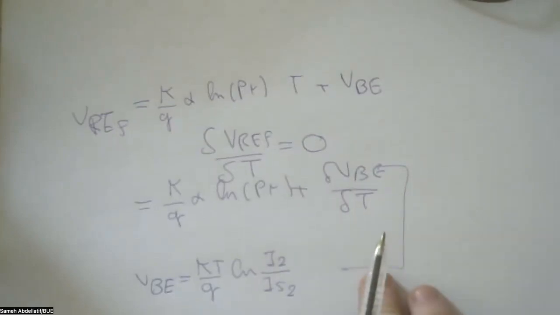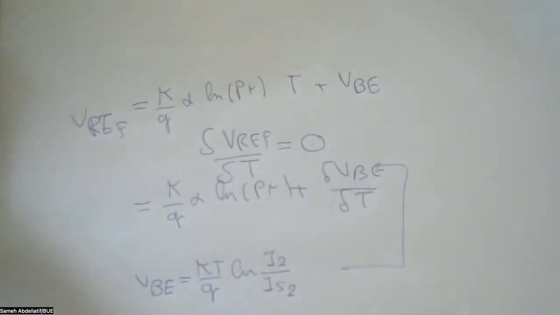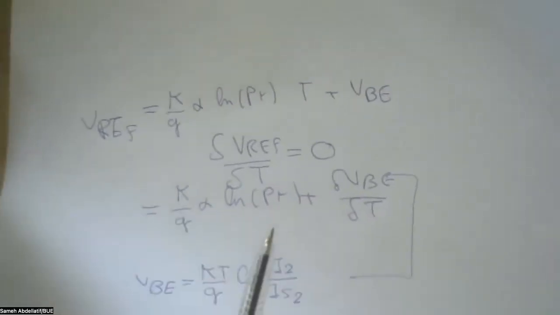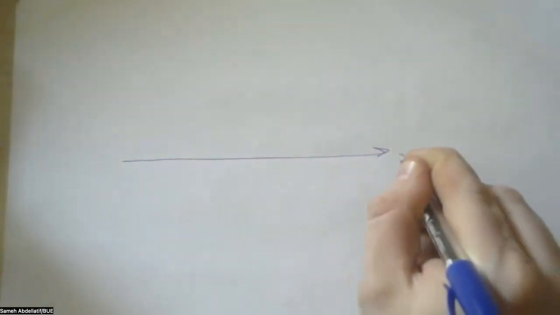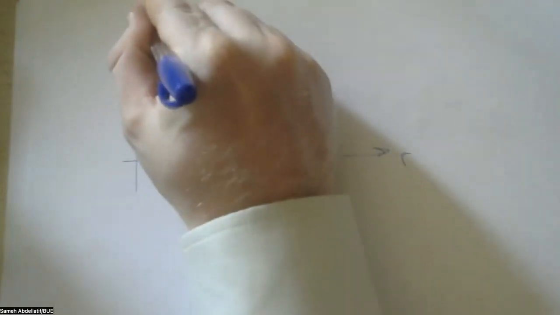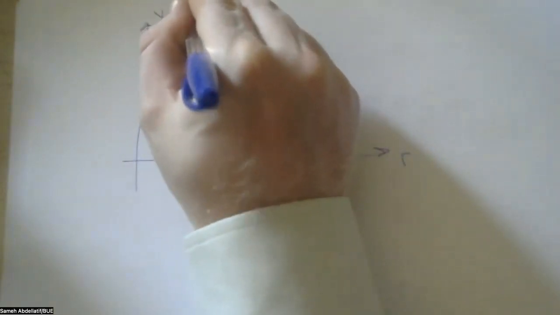Okay, so let's assume that we go to the lab and we do an experiment to investigate this variation. Here we have the temperature axis, and here we have the VBE axis.